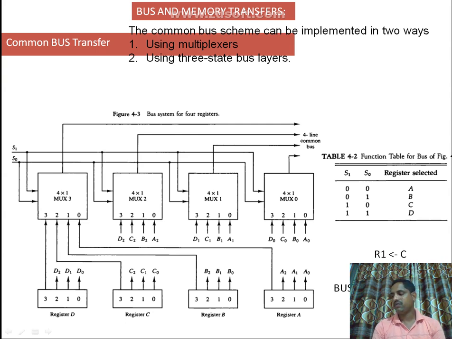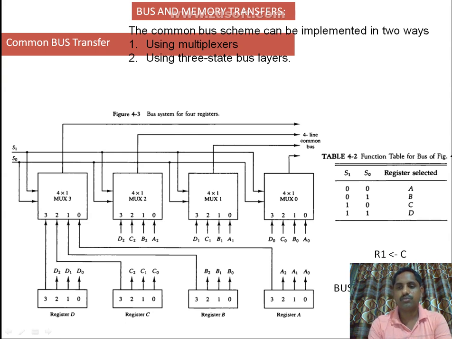With the selection inputs S1 and S0 at 0 0, register A is selected. With S1 0 and S0 1, register B is selected. With S1 1 and S0 0, register C is selected. With S1 1 and S0 1, D is selected.